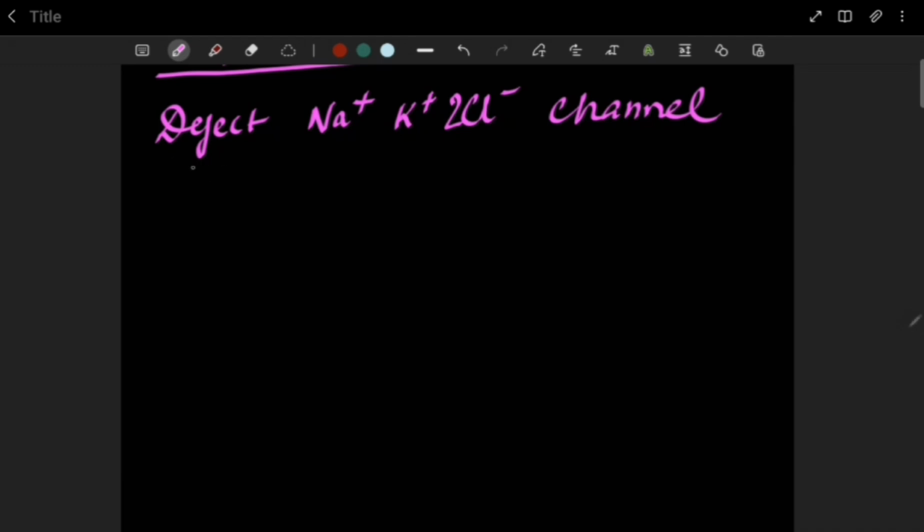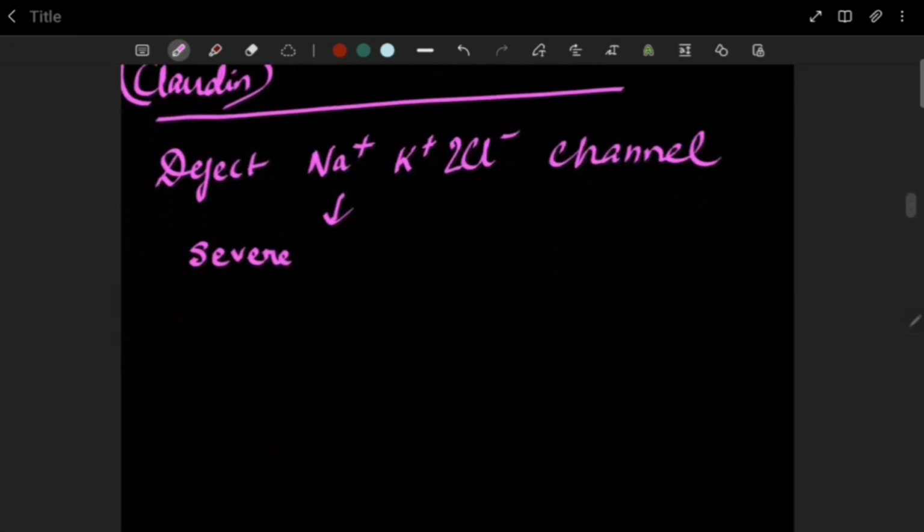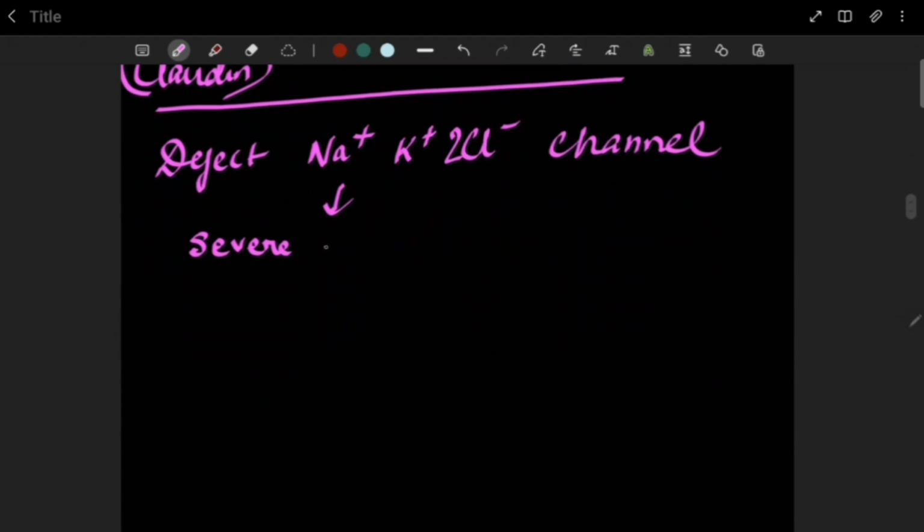Then there will be severe salt and water wasting, because we know via this channel sodium, potassium, and 2 chloride, all this salt and water are reabsorbed. So, when there is defect, there will be severe salt and water wasting, polyuria, and failure to thrive.